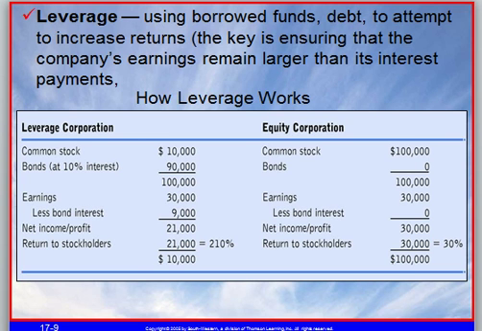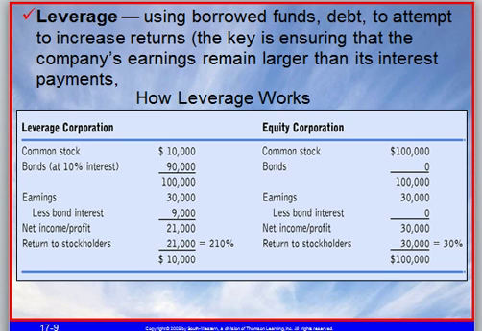When we look at the return to stockholders, we divide the net income by equity. We can see how using leverage can increase returns. Even though we have lower income under the leverage corporation, we have a higher return because we didn't put in as much of our own money. We only put in $10,000, giving us a total return of 210%.